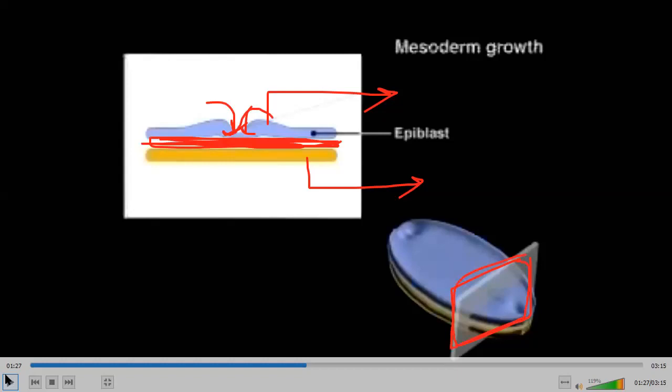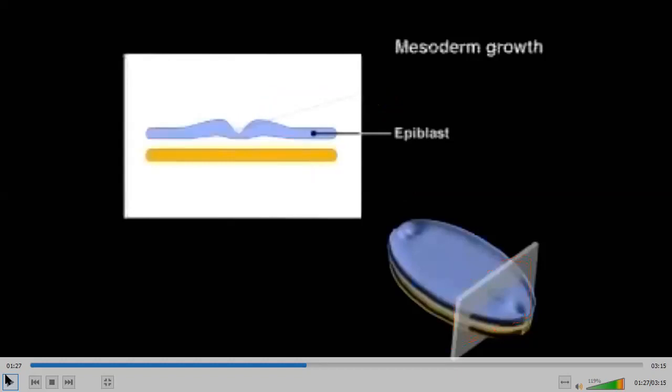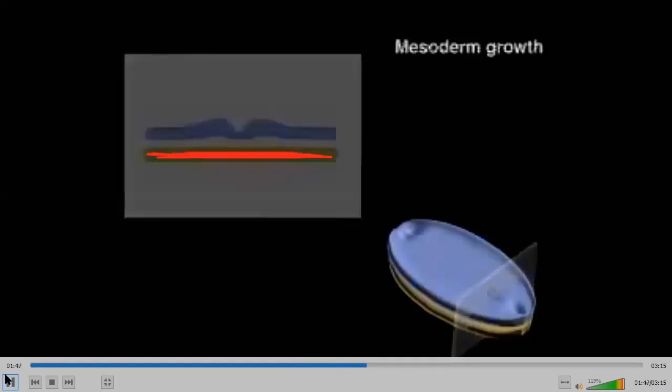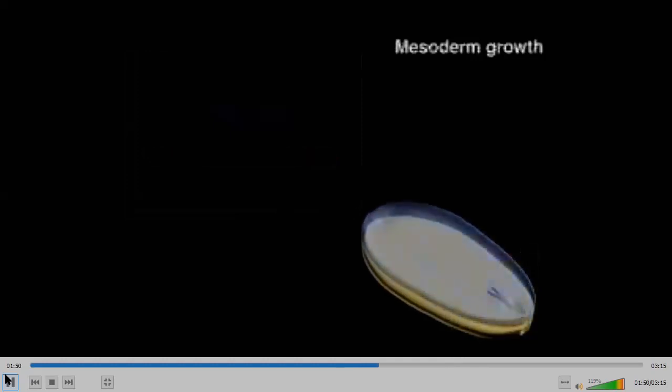They form the mesoderm that we discussed, the formation of mesoderm, that you can see in the diagram. So from the epiblast, some of the epiblast cells will form the endoderm. Endoderm formation is over.